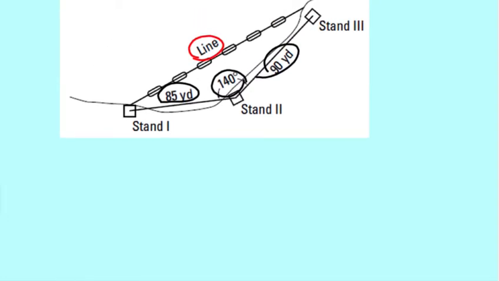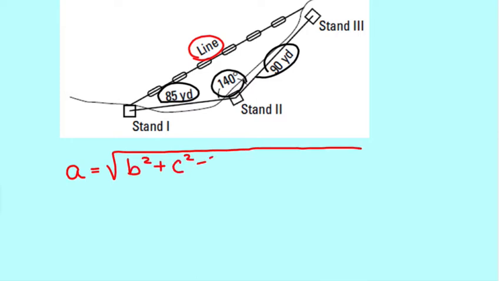Alrighty, so if you remember the law of cosines, you can find a side length, A, equaling the square root of b squared plus c squared minus 2bc cosine of A. Some of you may want to just write down the values or the sides.